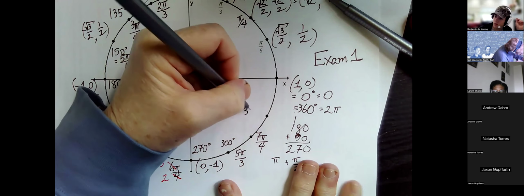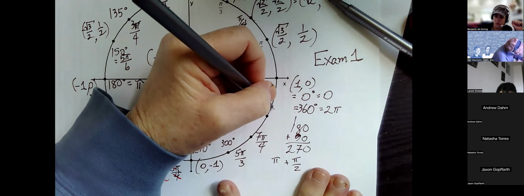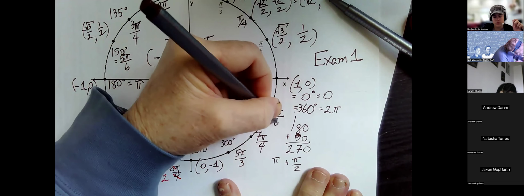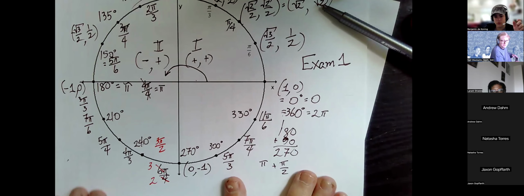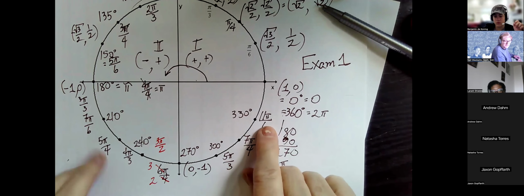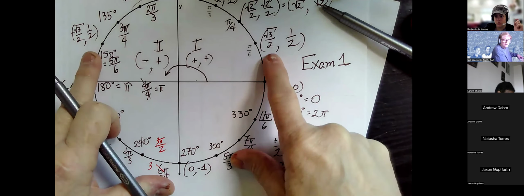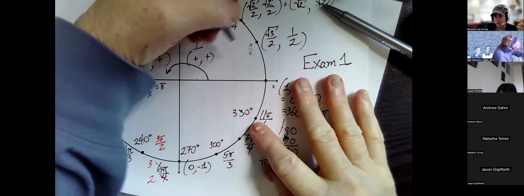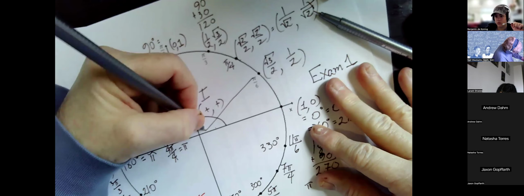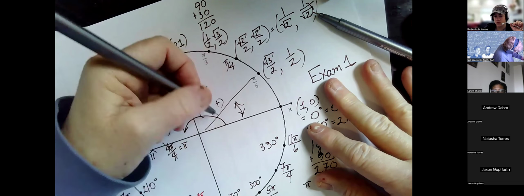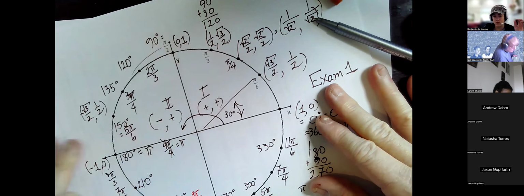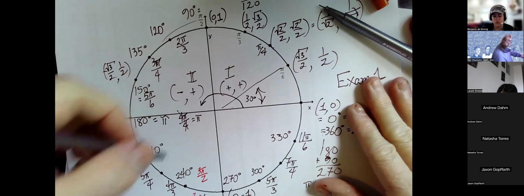Good. And I want you to notice something. The pi over 6s are all 30 degrees away from the x-axis, all of them.